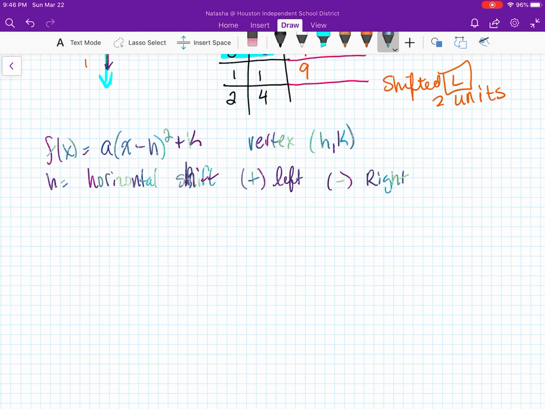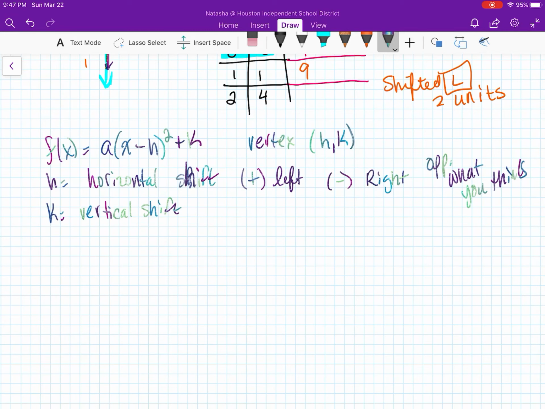Your k represents a vertical shift. Now, k is just like it is. One thing you have to remember, h is the opposite of what you think. So anything inside the parentheses is opposite. If it's positive and you think it's going to go to the right, then you know it's going to go to the left. But if it's outside the parentheses, the relationship is what it is.